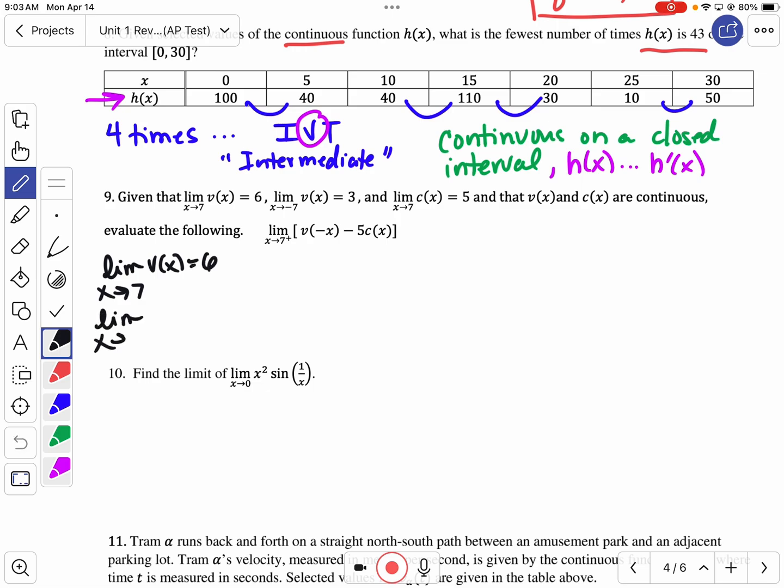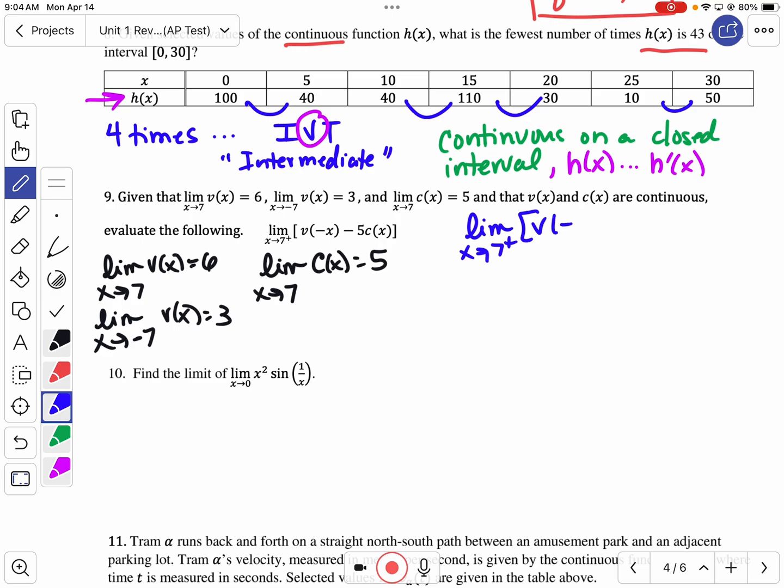The limit as x approaches negative 7 of v is positive 3. And the limit as x approaches 7 of c of x is 5. Now here is the limit it wants me to find: the limit as x approaches 7 from the right of v of negative x minus 5c of x.